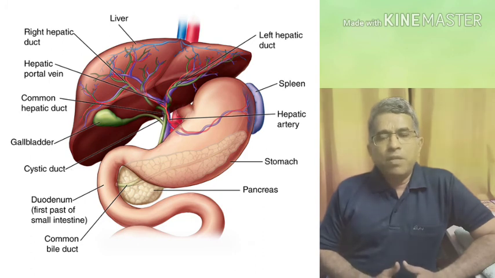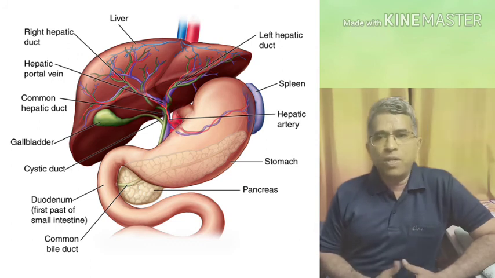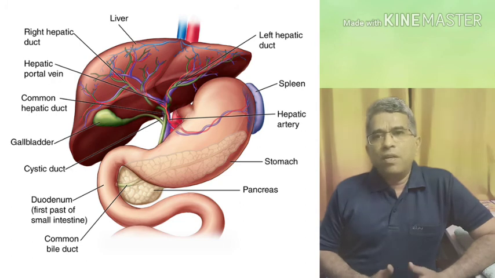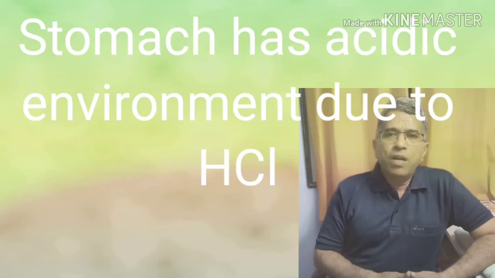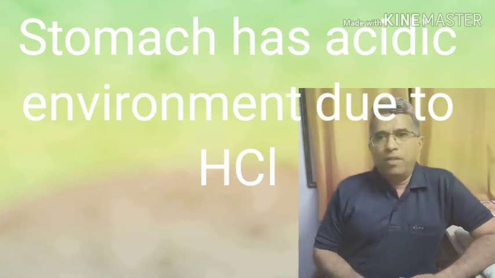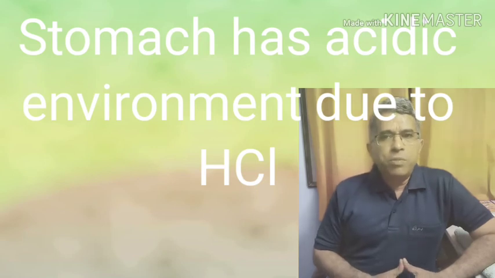Fundic stomach is the major part of the stomach that contains various cells called oxyntic cells, zymogen cells, mucus cells, etc., about which we will learn in the next video. They secrete various enzymes, hydrochloric acid and also mucus. And the pyloric stomach is the stomach that opens into the duodenum. The opening of the pyloric stomach into the duodenum is called pylorus, and it is guarded by another sphincter called pyloric sphincter.